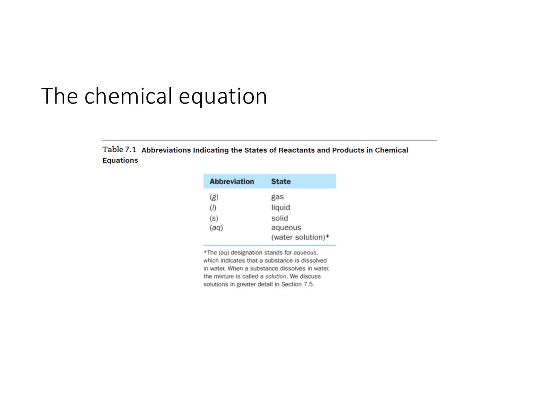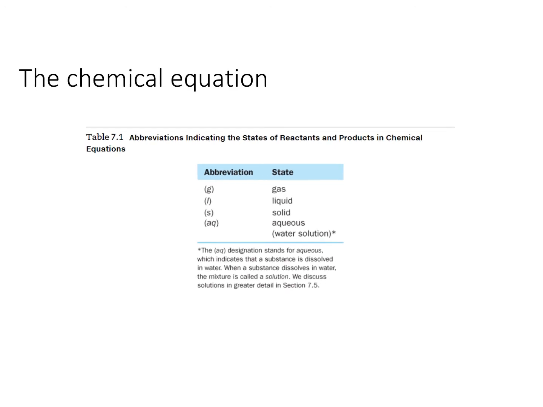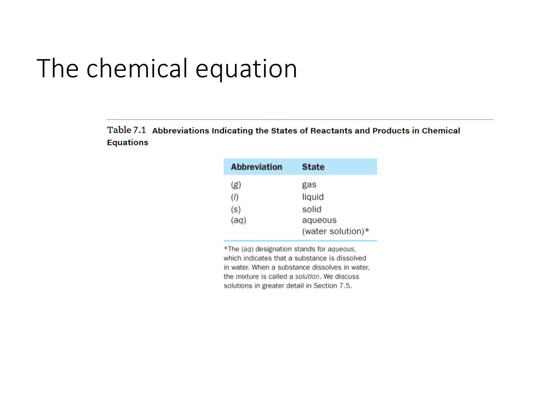Okay. So the states that we can have for reactants and products are the following, and I just included this table from your book. If we have gas, we write G, the first letter of gas. Liquid, you write L, the first letter of liquid. If you have solid, you write S. And if you have a solid that is dissolved in water, we write aqueous.